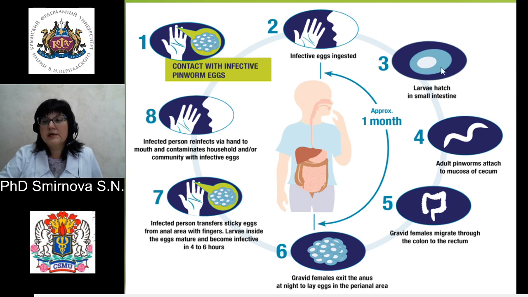Through the digestive system, these eggs move to the small intestine, then the large intestine, where they develop into the adult form. After fertilization, the male usually dies and the female at night moves out from the anus and lays eggs around the anus. The female glues these eggs with a specific substance.